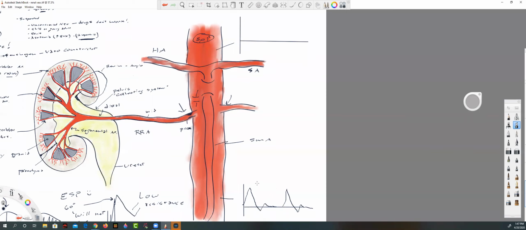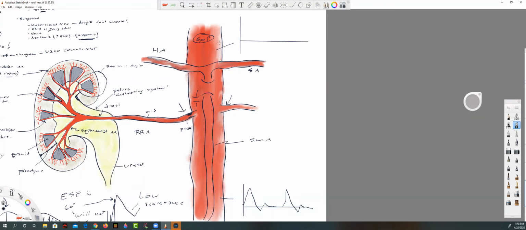High resistance. I know you haven't done arteries going out into the legs yet, but this looks like extremities. Well, that's because at this point, the aorta is feeding mostly the legs. Some pelvic organs and such are still in there, so there's not as much of a Windkessel effect as in the legs, but there's definitely more of a high resistance.